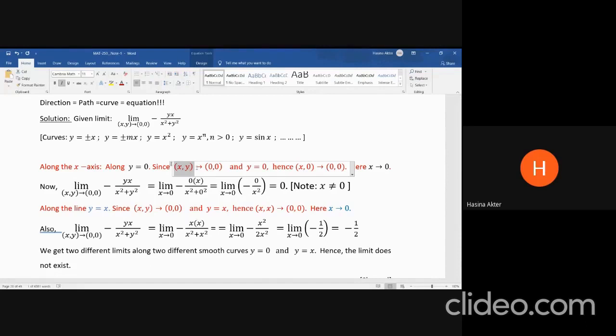So your goal is to change it from several variables to a single variable by using equations. When you can do that, you are in your comfort zone. So I have the equation where y is 0, so (x, y) is (x, 0). Now you have a single variable, and x is close to 0 because y is equal to 0. X cannot be equal to 0.